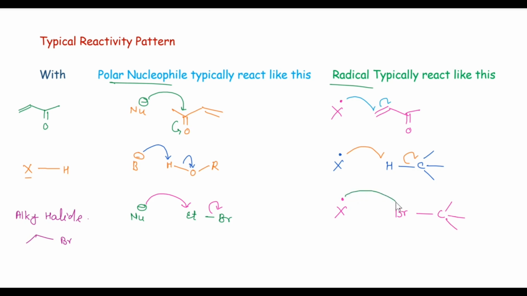This X radical attacks this Br, and there is formation of a new radical. So in this way polar nucleophile and radical react with alpha beta unsaturated aldehyde or carbonyl compound, alkyl halide and carbon hydrogen bonds.